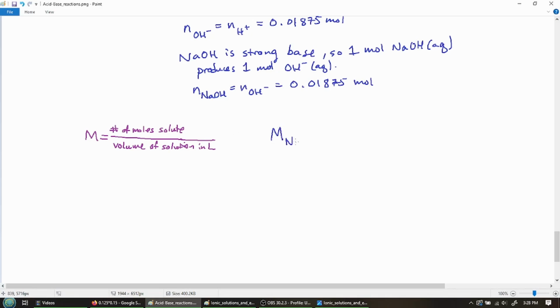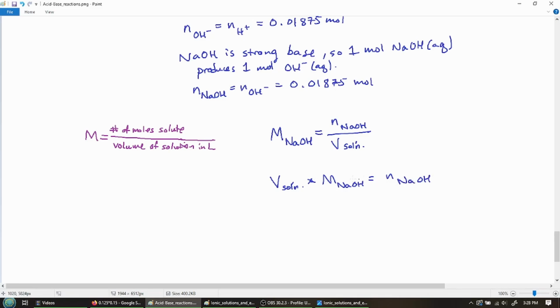We're starting with this form of the equation. The concentration of the NaOH solution is equal to the number of moles of NaOH divided by the volume of that solution. Well, let's rearrange this. I could say that the volume of solution times the concentration of this NaOH solution is equal to the number of moles of NaOH, right?